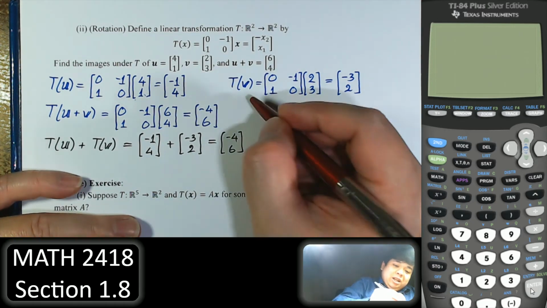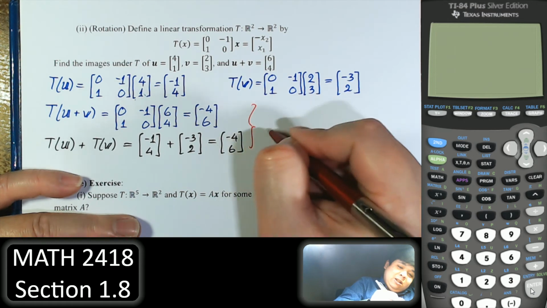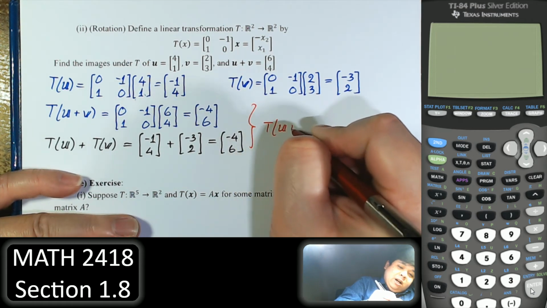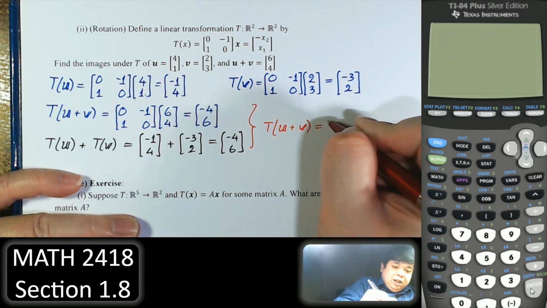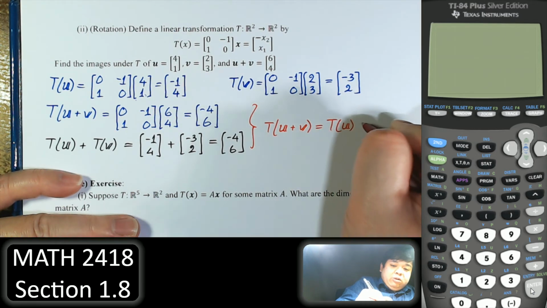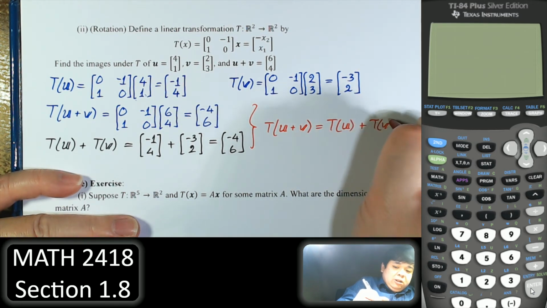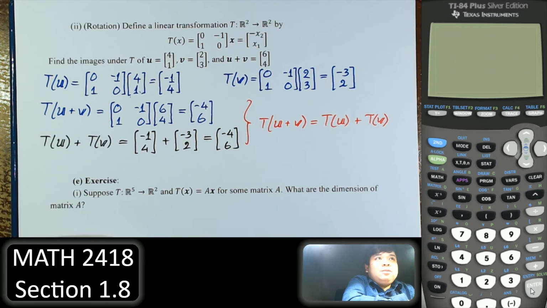And what we see here is that the transformation of a sum is equal to the sum of the transformations, which it's supposed to be.